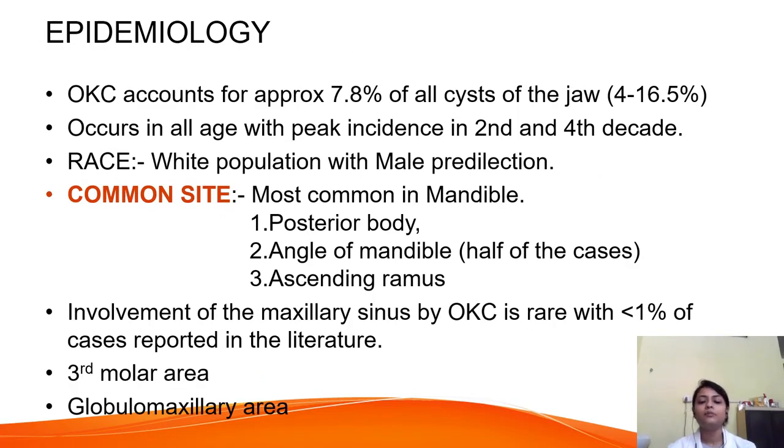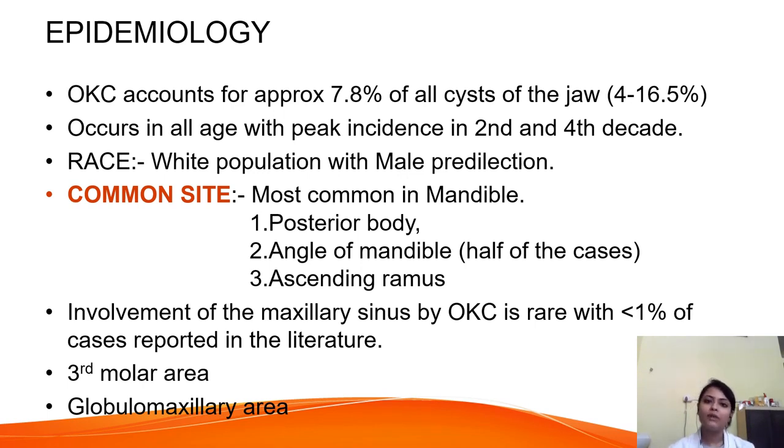Now coming to the epidemiology of OKC, it accounts for approximately 7.8% of all cysts of the jaws. It occurs at all ages with peak incidence in the second and fourth decades. Mainly a slight male predilection we will find. Most commonly we will see it in the mandible, in the posterior body of the mandible, in the angle of the mandible, half of the cases, and the ascending ramus.